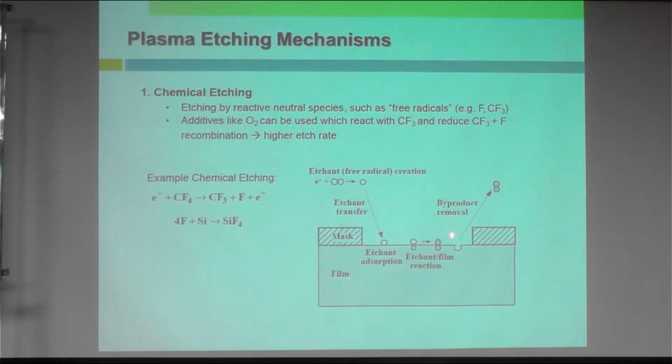The process will be quite slow, but you can control the process through a certain recipe, whether it's aggressive or slow. Both physical and chemical etching happen, but this case is about chemical etching. This is the equation of the process in terms of chemical etching.